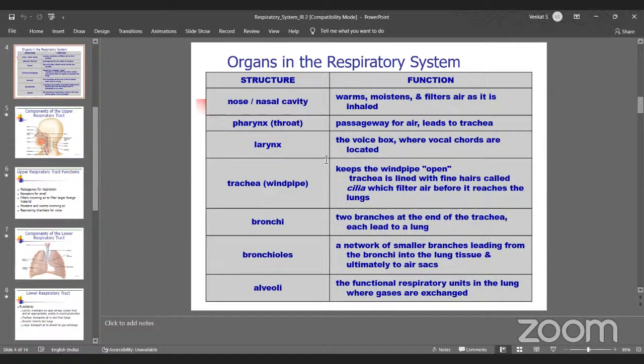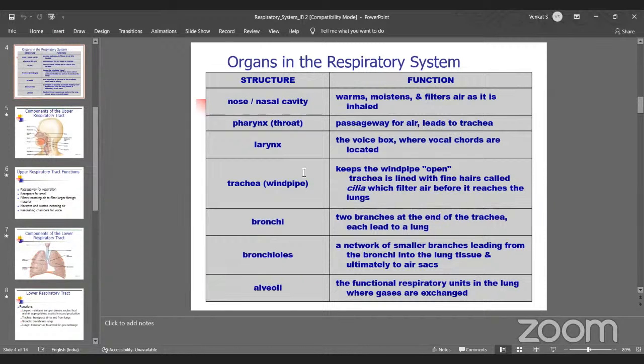The structure and functions. Nose and nasal cavity: warm, moist, and filter air as it is inhaled. Throat, pharynx: the passageway for air that leads to the trachea.